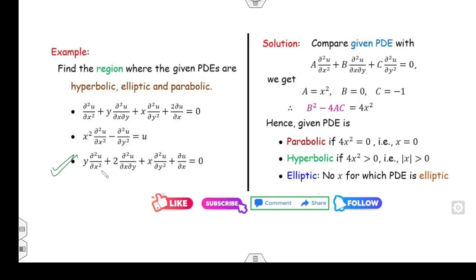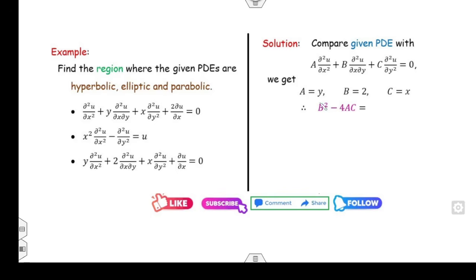Similarly, for the third case, you can compare the values of a, b and c and then calculate. You will get b square minus 4ac. So elliptic कब होगा? Whenever 4 minus 4xy is less than 0. Hyperbolic, parabolic. So parabolic it will be 0.